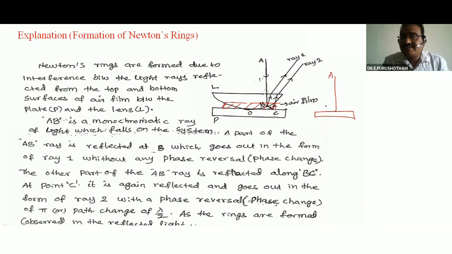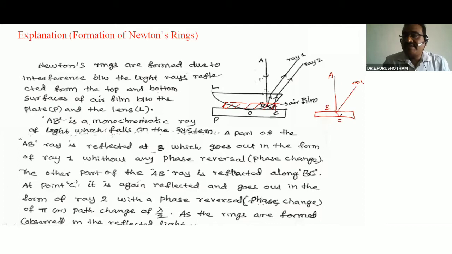So AB, monochromatic light, is incident at point B. From this point B, it is reflected as ray 1. If there is no plano-convex lens, it is directly reflected as ray 1. But some ray transmits through the thin film as BC.